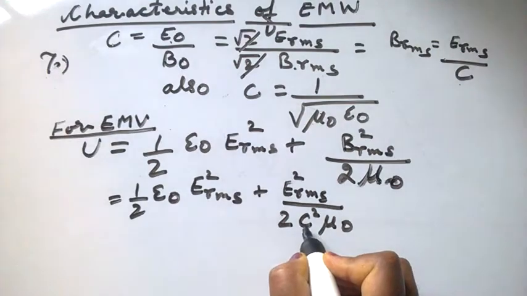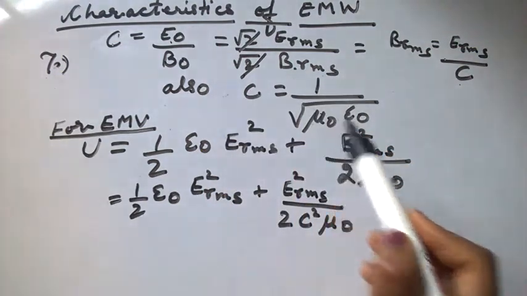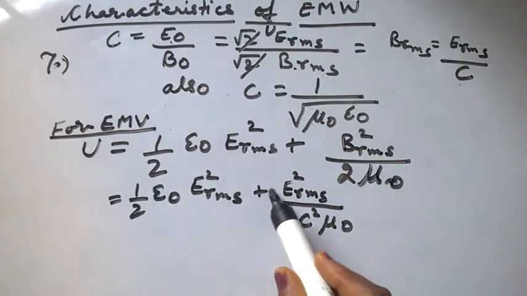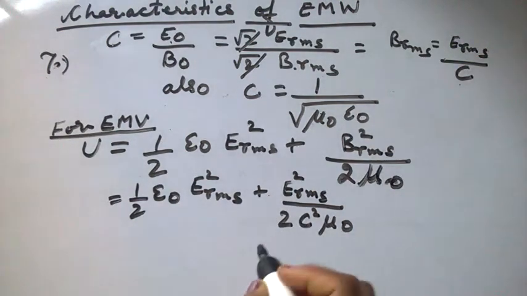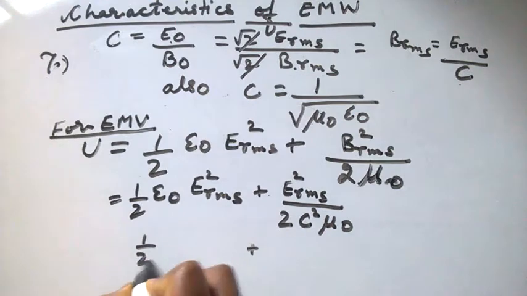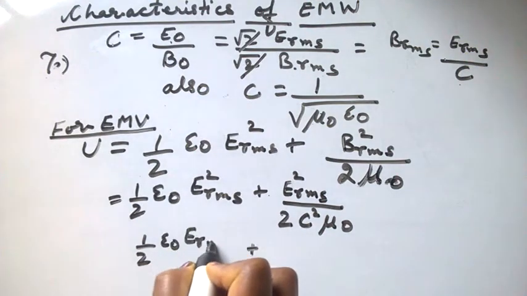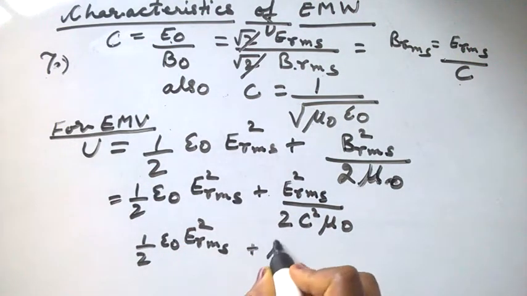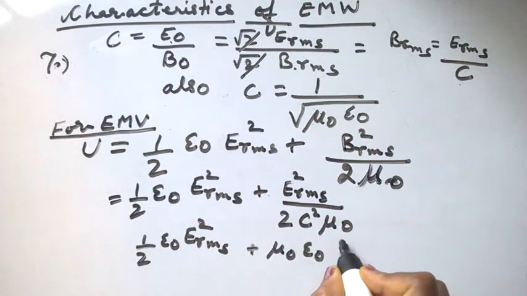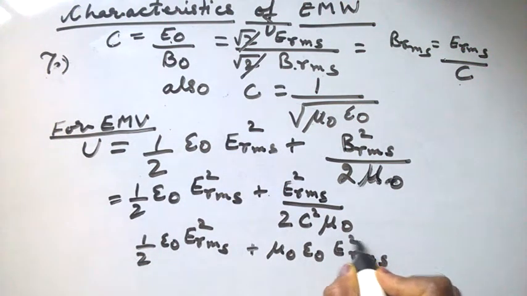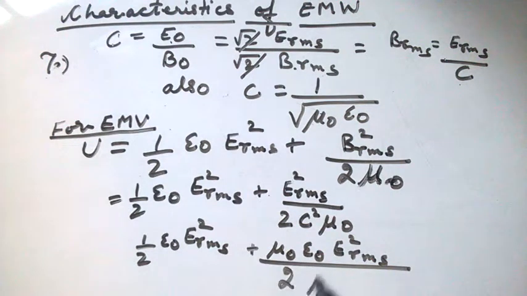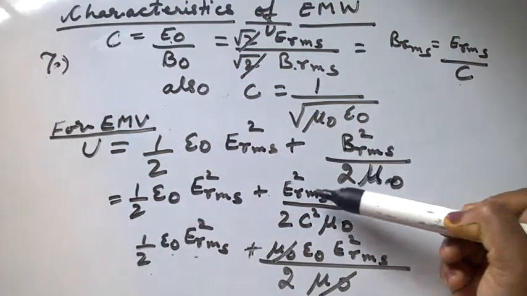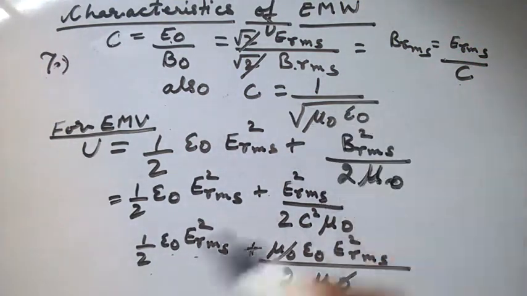We know that C square is equal to 1 by mu naught epsilon naught, and we get half of epsilon naught ERMS square into mu naught epsilon naught ERMS square upon 2 mu naught, or we get half epsilon naught ERMS square as the value of the magnetic energy density.